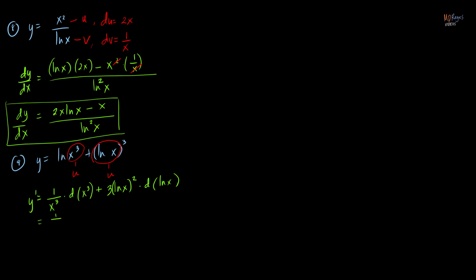So it's 1 over x cubed. The derivative of x cubed is 3x squared using the power rule, plus 3 times ln of x squared. The derivative of ln of x is 1 over x. So simplifying the answer, x squared over x cubed is just 1 over x. So it's 1 over x times 3. So this is 3 in the numerator.